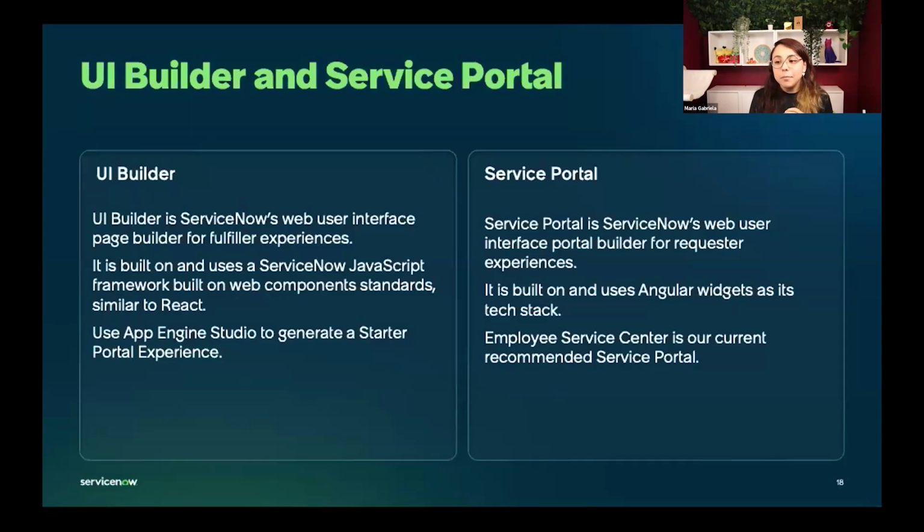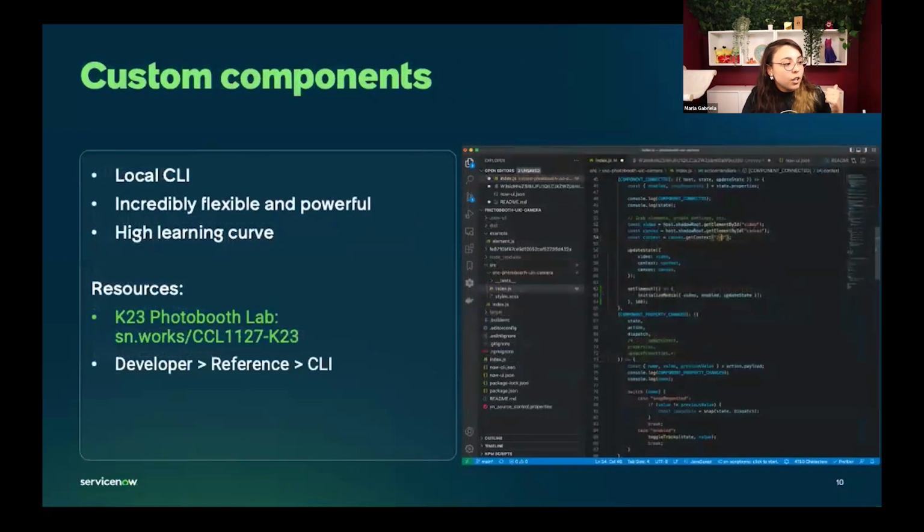Granted, if you have a very, very specific use case, a very custom solution requirement that maybe isn't able to be done, that's when we can go back to this page and talk about the custom CLI components. These are basically React-like components, very high code, very pro code, that you can create and import into your instances and treat like widgets, but they require a deeper level of knowledge and coding practice than most ServiceNow developers have.